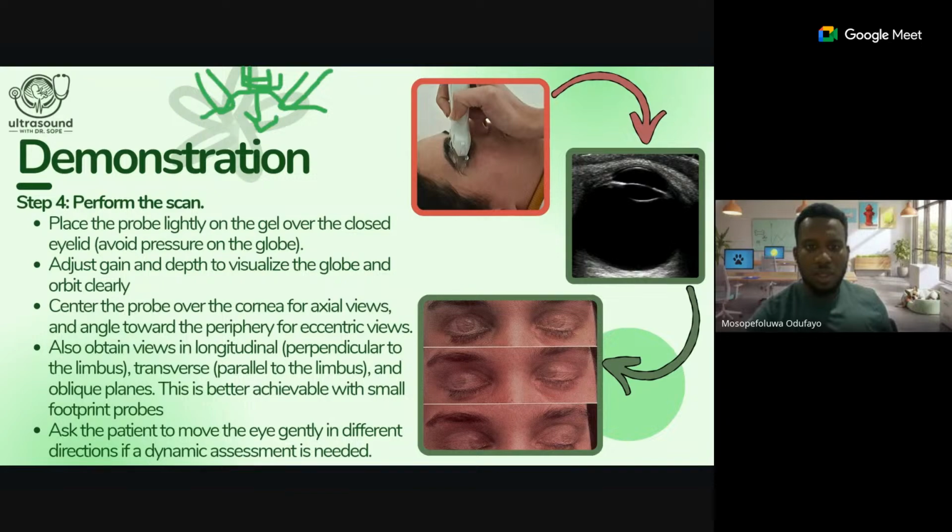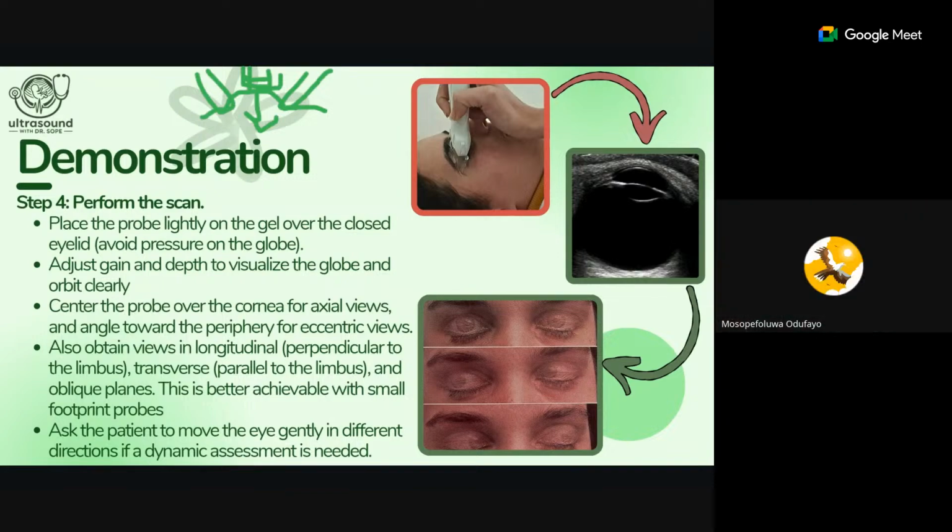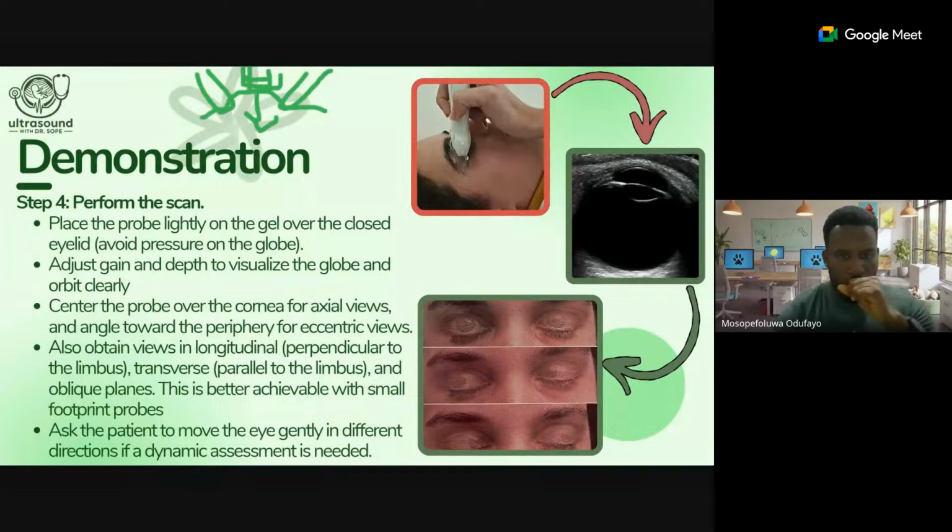Is that okay? So all of these manipulations are better achievable with a small footprint probe. Is that okay?